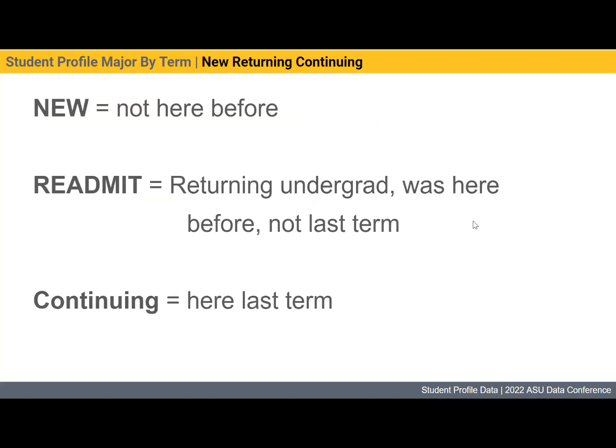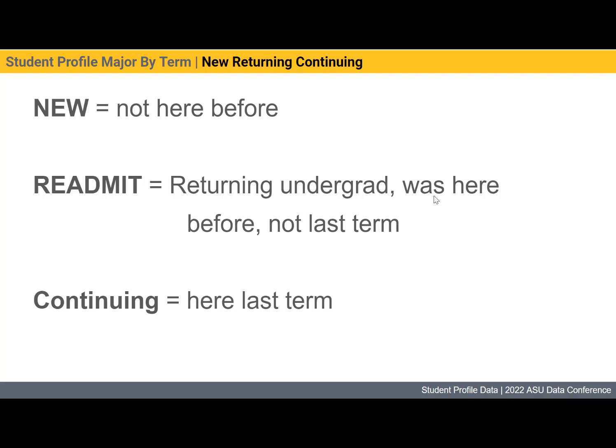So now how do you know who's new, who's readmit, and who's continuing? The easiest part is to say if they have never been here before, well, they're obviously new. If they've been here before, then it gets a little more complicated. So new means they were not here before and some other things.